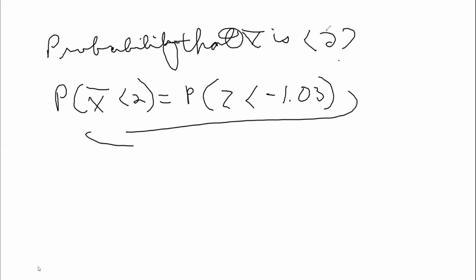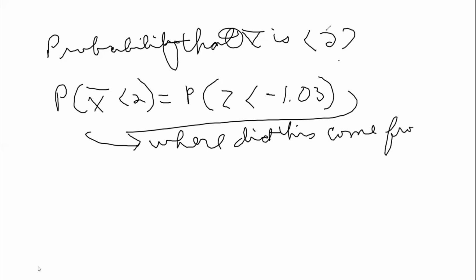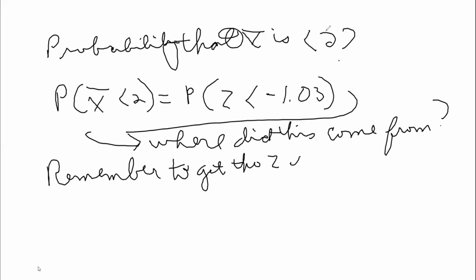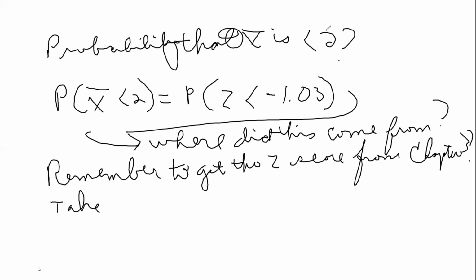Where did this come from? Remember, to get the z-score from chapter 3, take x bar minus mu, and divide by the standard deviation.